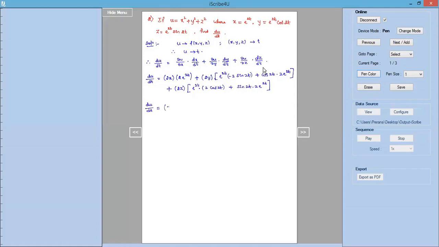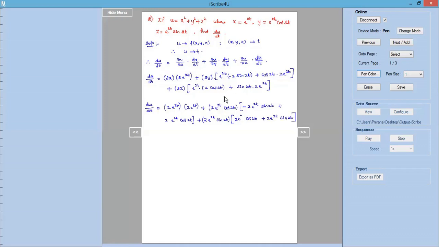So this gives us 2 e power 2t into 2 e power 2t plus 2 into y stands for e power 2t into cos 2t multiplied by, I'll write the big bracket term as it is, minus 2 e power 2t sin 2t plus 2 e power 2t cos 2t plus 2 into z. Z gives us in terms of t e power 2t into sin 2t multiplied by 2 e power 2t cos 2t plus 2 e power 2t sin 2t.